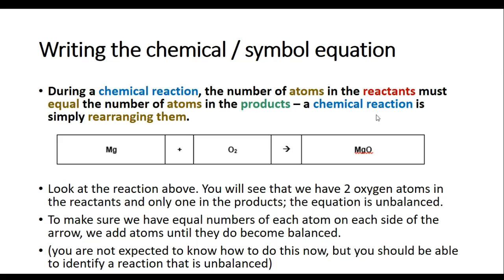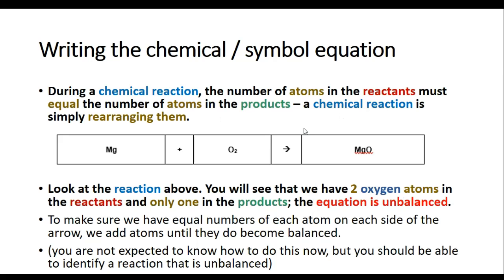It's similar to energy, how when we have energy and it's transferred to a different type, it's the same amount, it's just transferred to a different place or a different type. It's similar to that. So in terms of reactions, the amount of atoms needs to be the same on each side of the arrow.